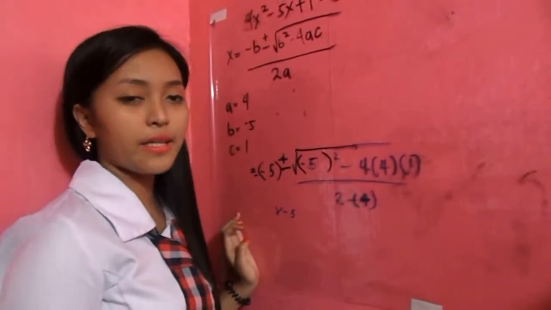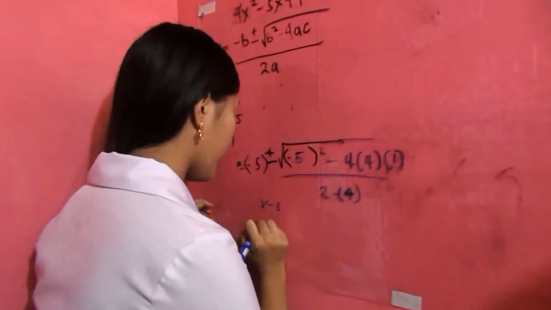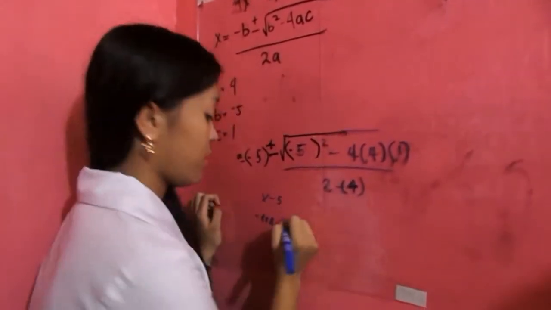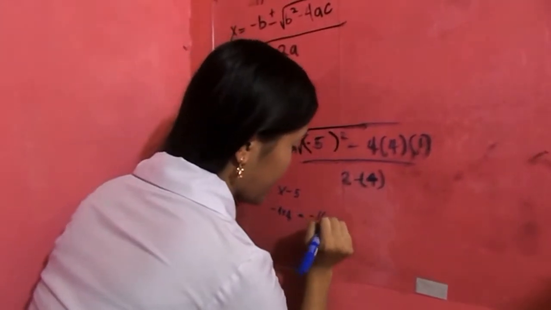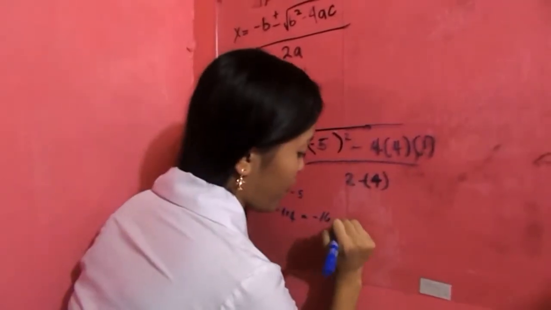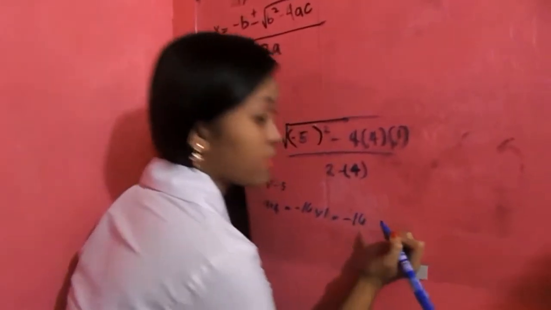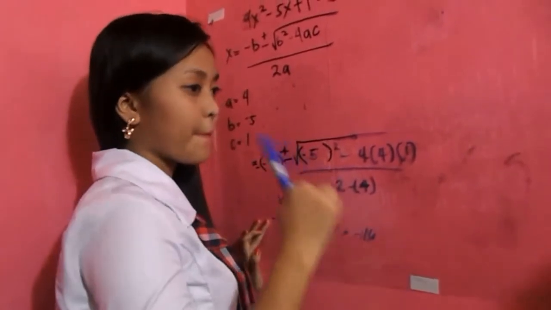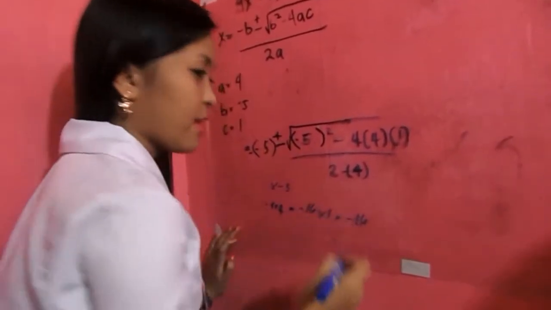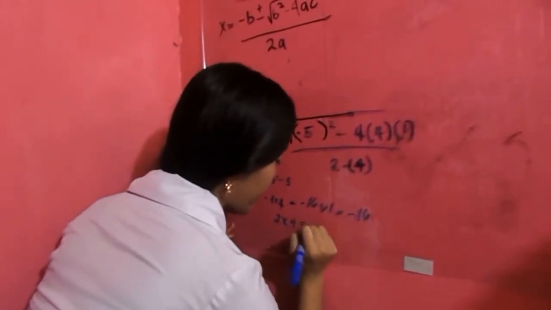The square of negative 5 is equal to 25. Negative 4 times 4 equals negative 16, times 1 equals negative 16. Then 2 times 4 equals 8.